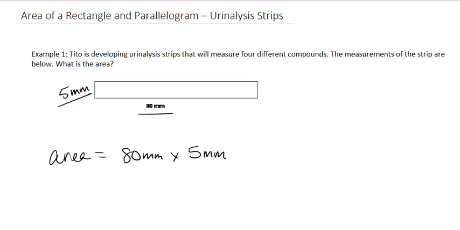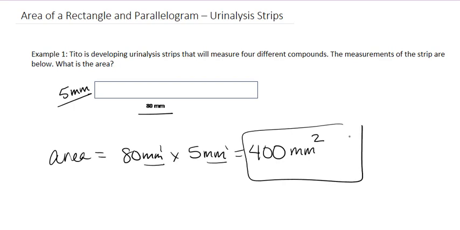So 80 times 5 is equal to 400. And we remember we need to do our units. And so remember from exponents, when we multiply exponents, we're actually adding them. So this becomes milliliters squared. So this is our final answer.